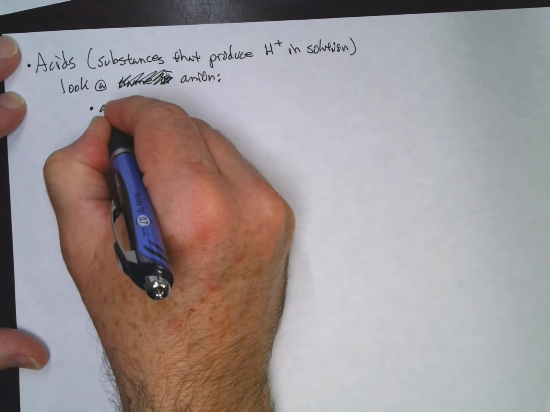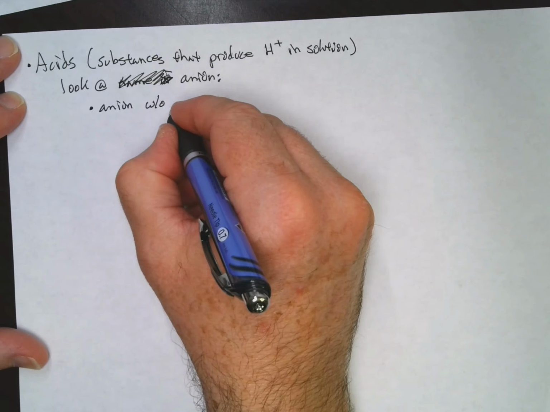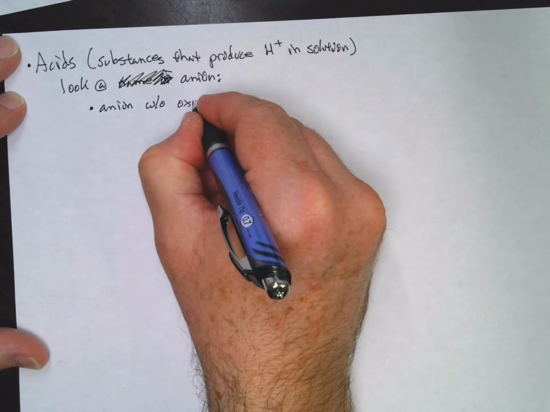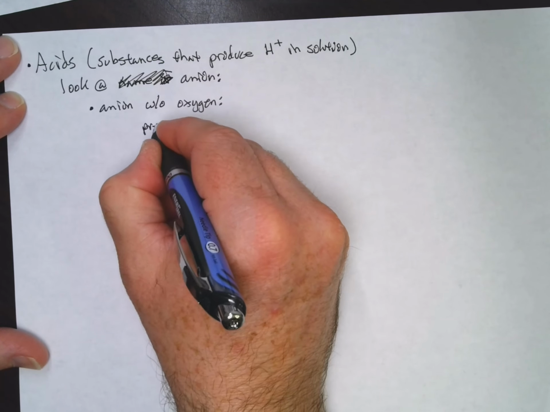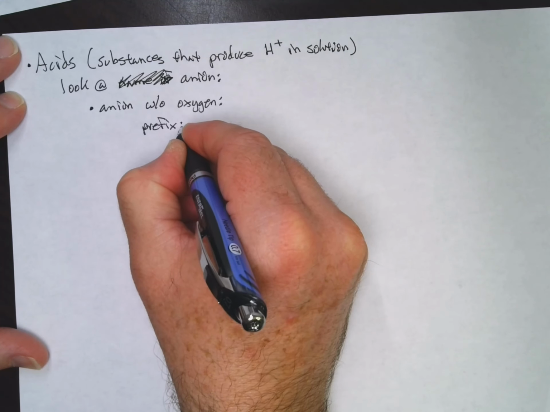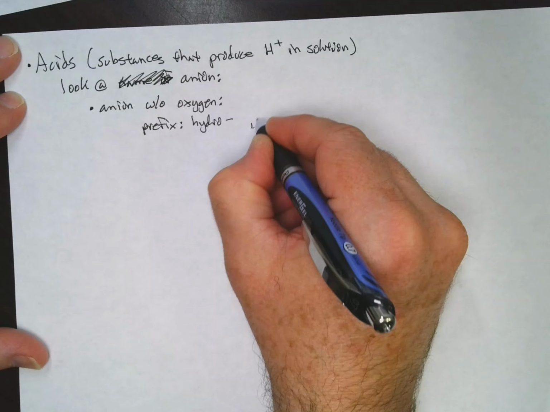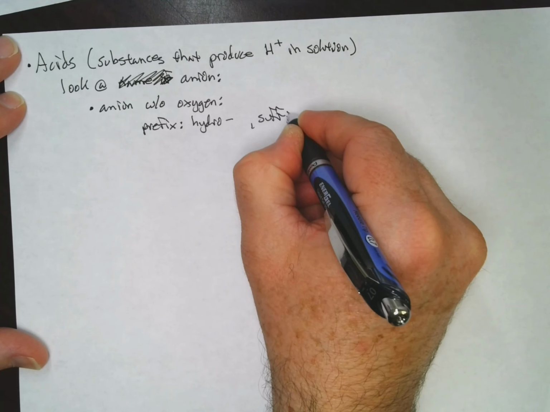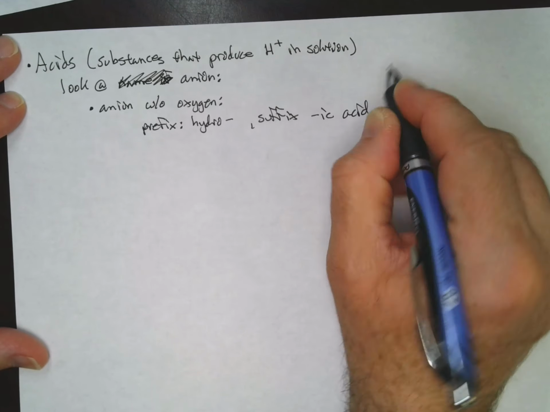So if we have an anion without oxygen, we'll use a prefix of hydro and a suffix of ic and acid.